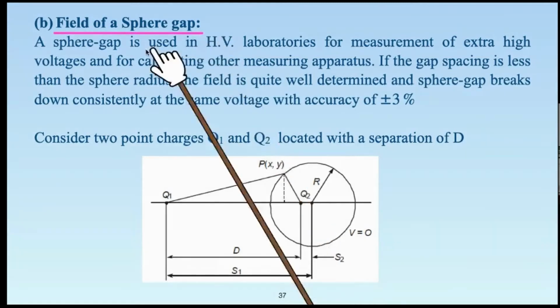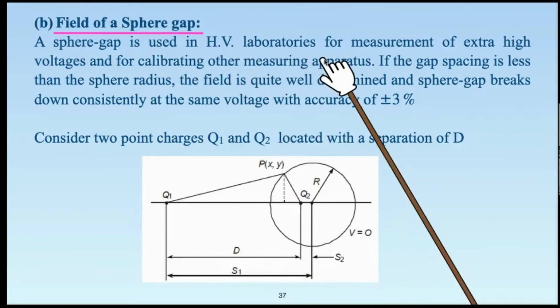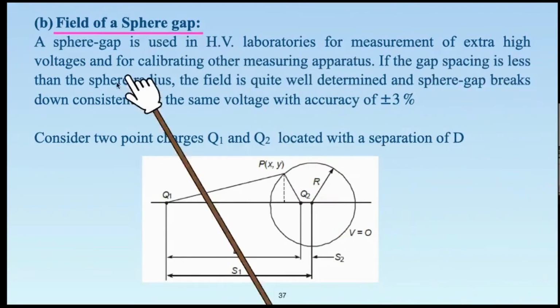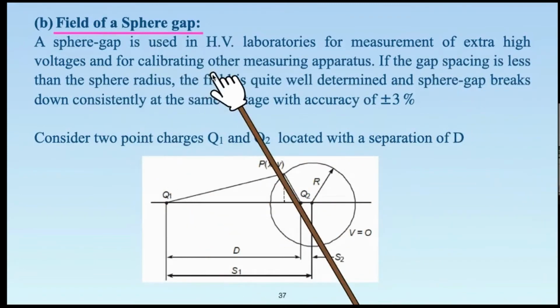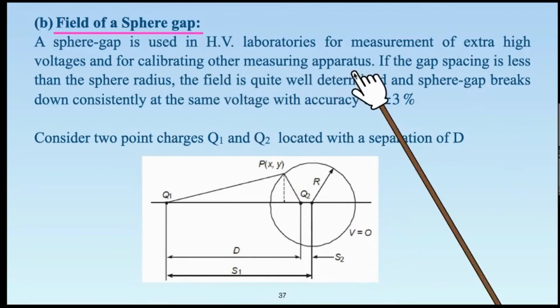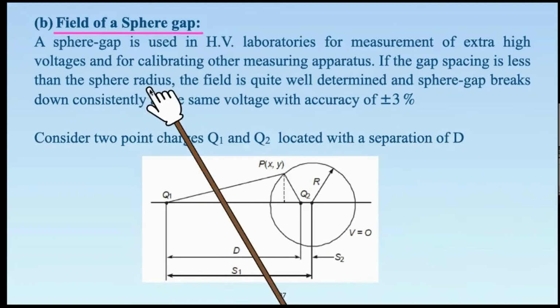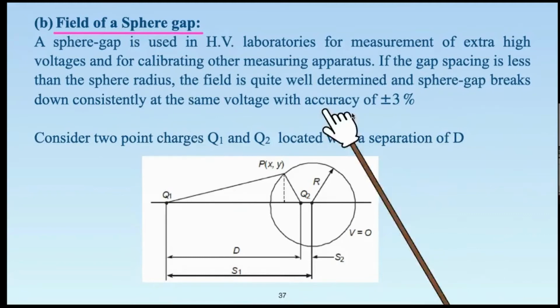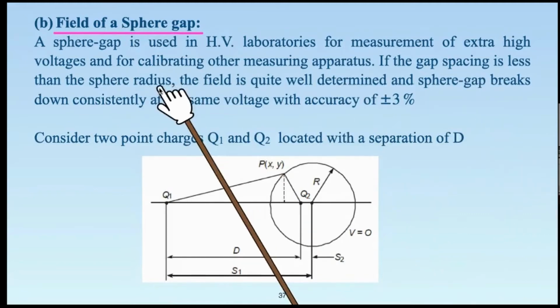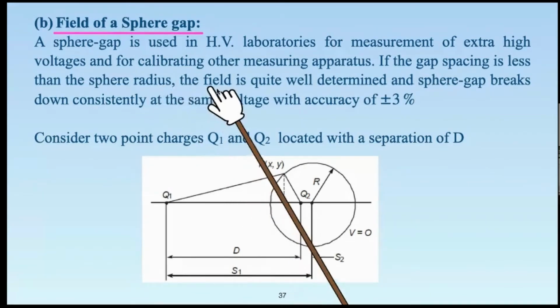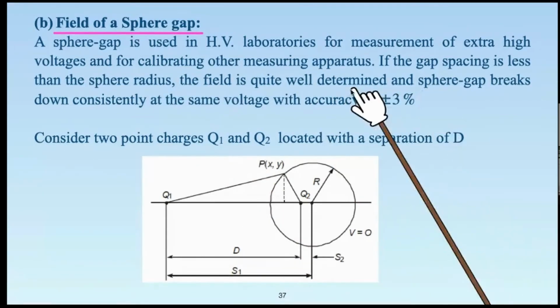Naturally, sphere gap is used in high voltage laboratories for the measurement of extra high voltages and for calibrating the measuring apparatus. If the gap spacing between the two spheres is less than the radius of the sphere, then the field has been observed to be well determined.